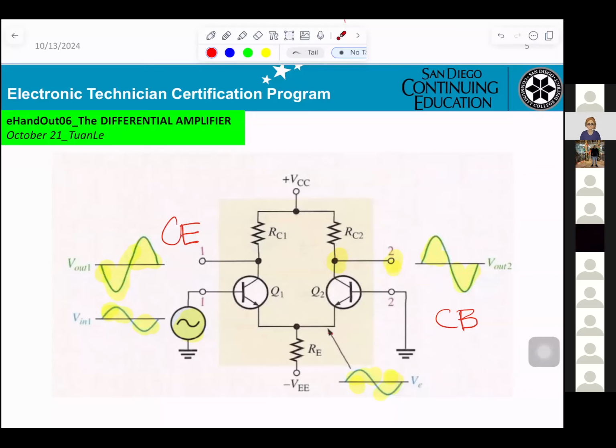So the common base and common collector stay the same, input and output the same, and the common emitter is the only one that changes. Exactly. Okay, got it. Only the common emitter is inverted. And the other ones, common collector and common base, input and output will be in the same phase.